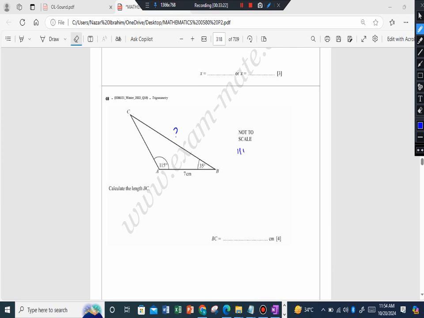It means that 115 plus 35 plus x, where I name this angle x, is equal to 180, right? So 115 plus 35 gives me 150, so x is equal to 180 minus 150, which is equal to 30 degrees. So this is now 30 degrees, right?